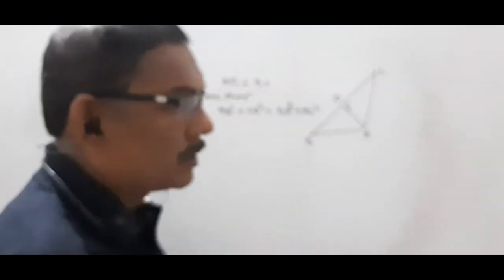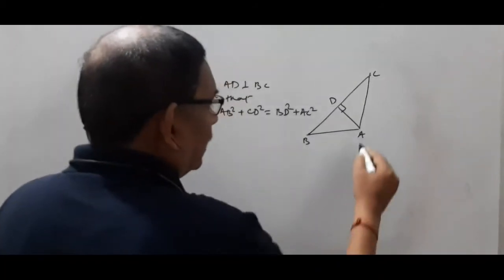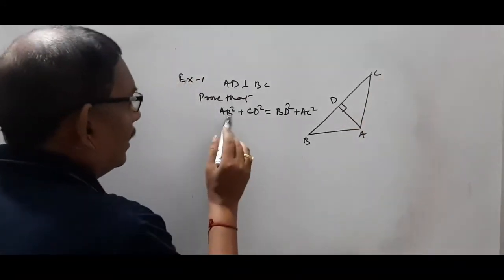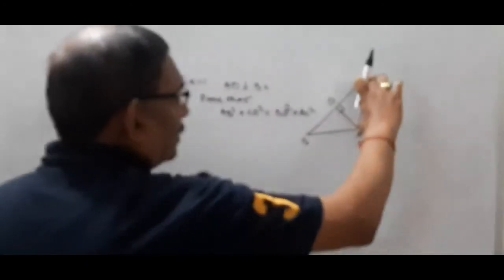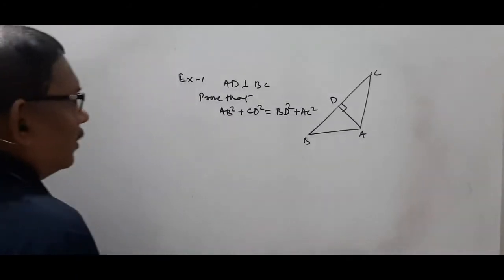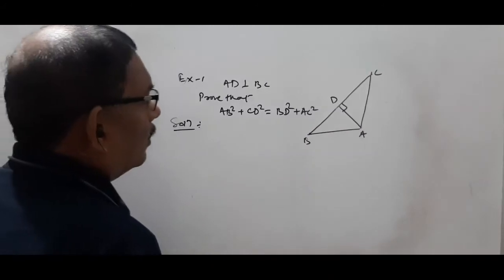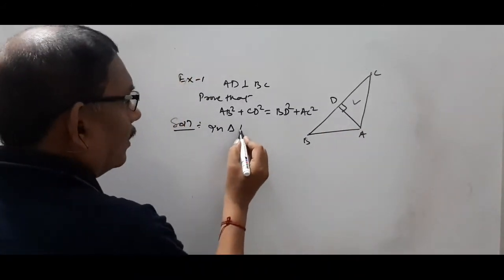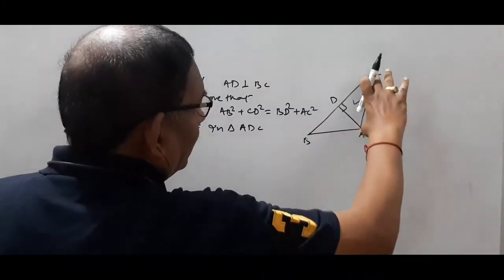Take one example based on Pythagoras theorem. ABC is a triangle. Here AD is perpendicular to BC. Then prove that AB square plus CD square equal to BD square plus AC square. Okay. Solution. First take this triangle. In triangle ADC, if it is 90 degrees, it is your hypotenuse.